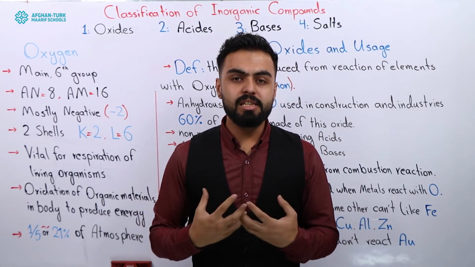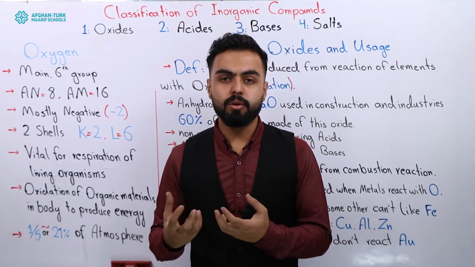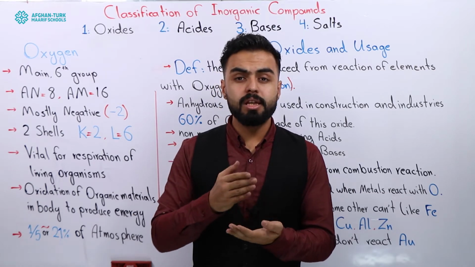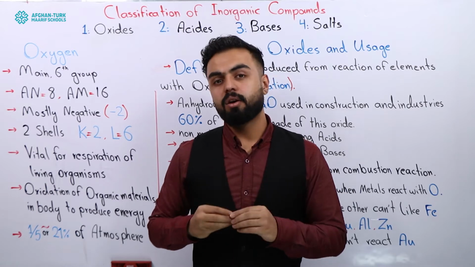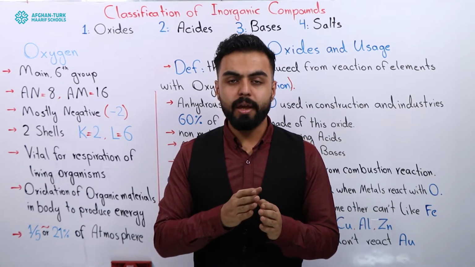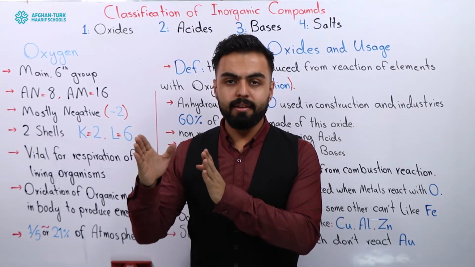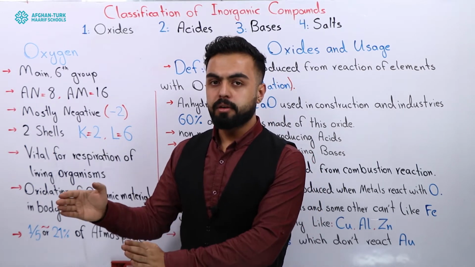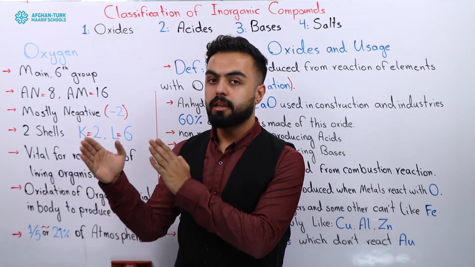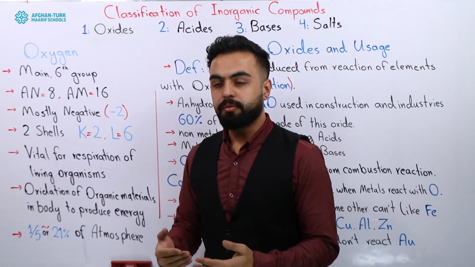Whatever we eat changes to glucose, and the glucose, in order to produce energy, needs oxygen. So oxygen reacts with glucose and they produce carbon dioxide, water and energy. That's what we eat for.